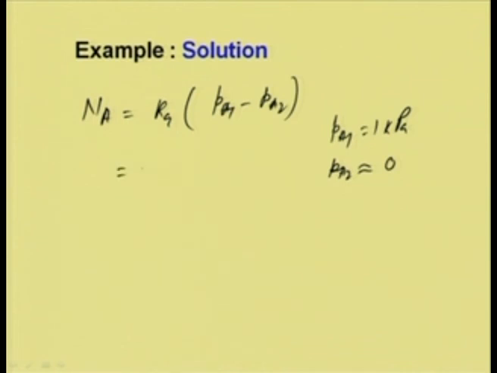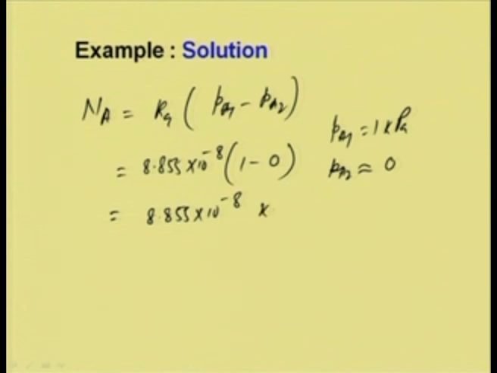So, it will be 8.855 into 10 to the power minus 8 times 1 minus 0, which is 8.855 into 10 to the power minus 8 kmol per meter square second. So, this is the end of this lecture.